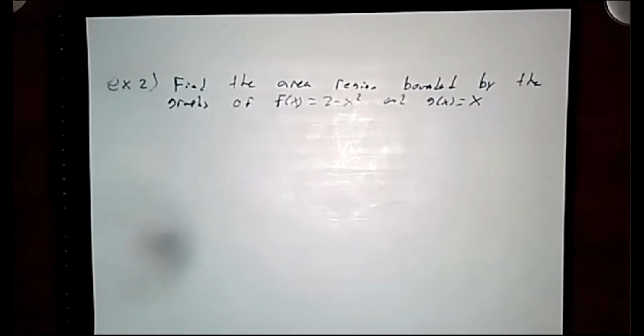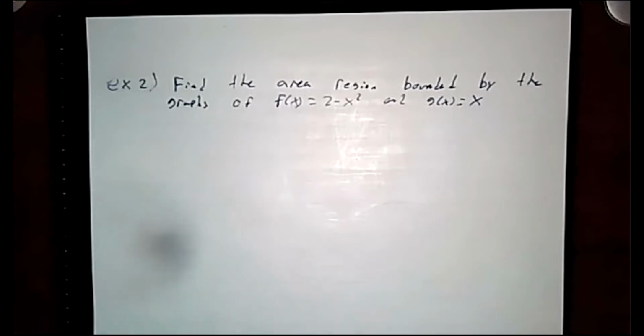This time I'm not giving you vertical lines, I'm just giving you two functions. And I'm asking you to find the area contained by those two functions. So you're going to have to graph it and figure out where they intersect, because once you know where they intersect, those will be your bounds.